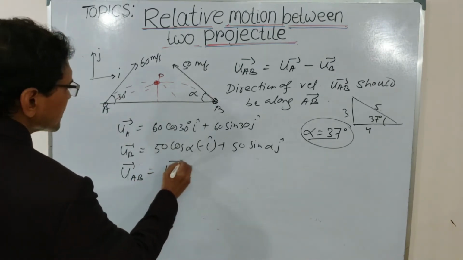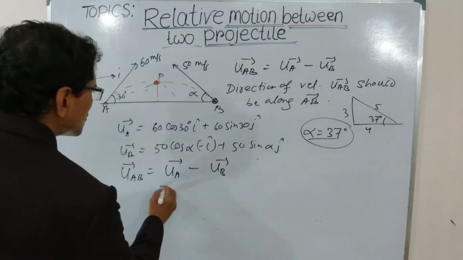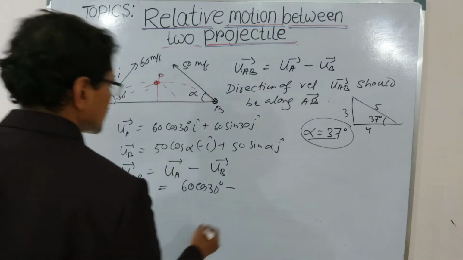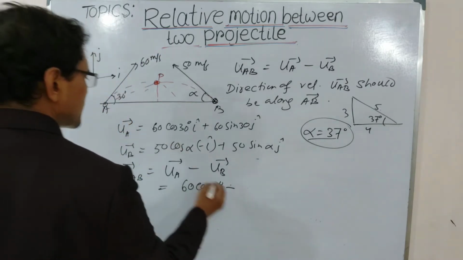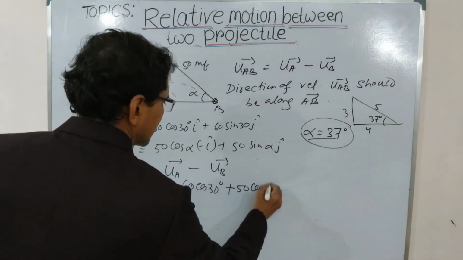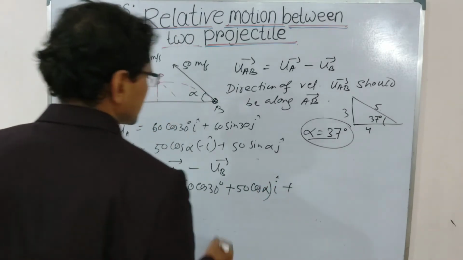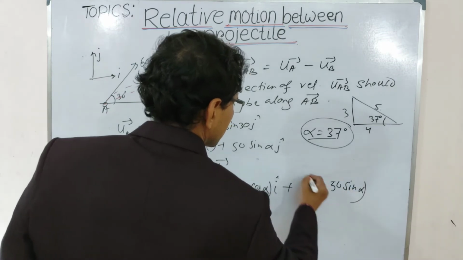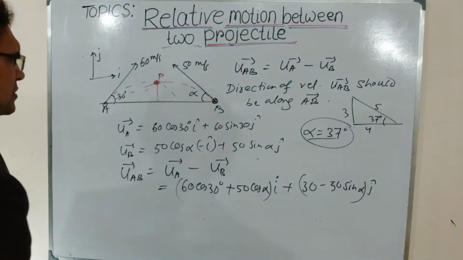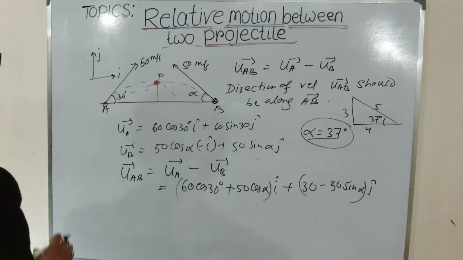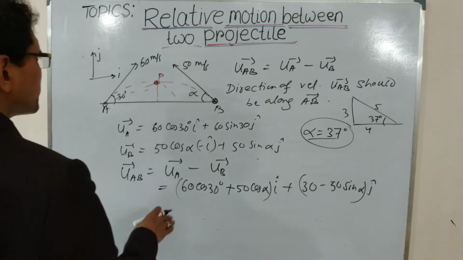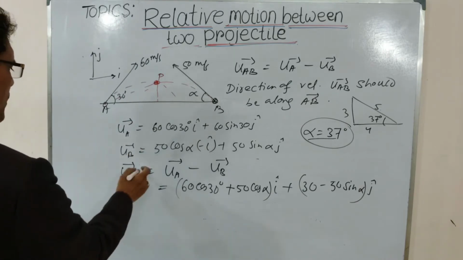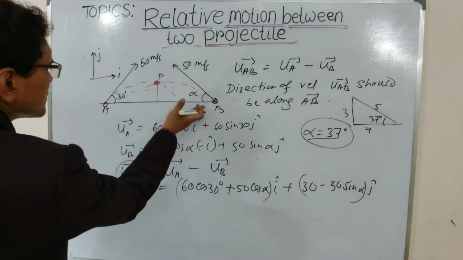UAB equals UA minus UB. Now what is the condition for the two particles to collide? I have told you previously that the direction of UAB should be along the direction of AB.